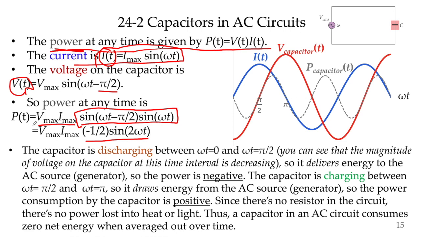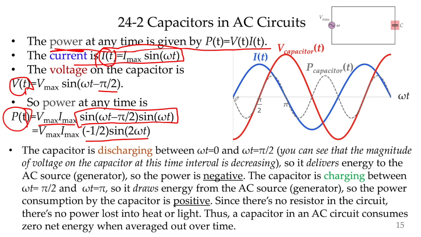Okay, let's plot now the power. If you plot the power, it's the gray dashed line here. See, the power changes all the time. It's actually oscillating twice as fast as the waves. Look, the blue wave has some frequency, and the red one has exactly the same frequency as the blue one.